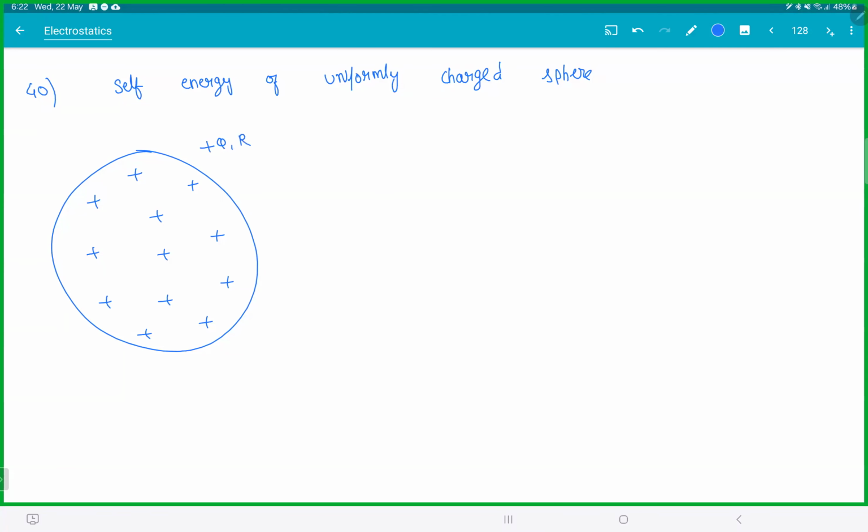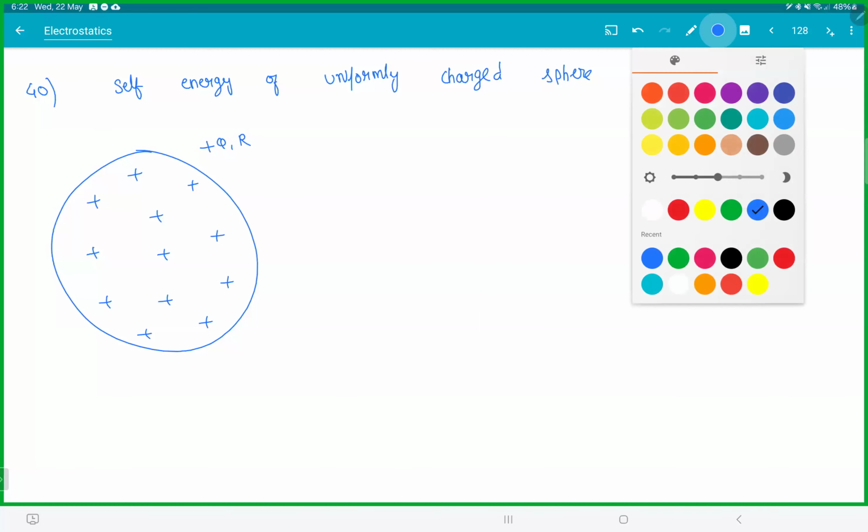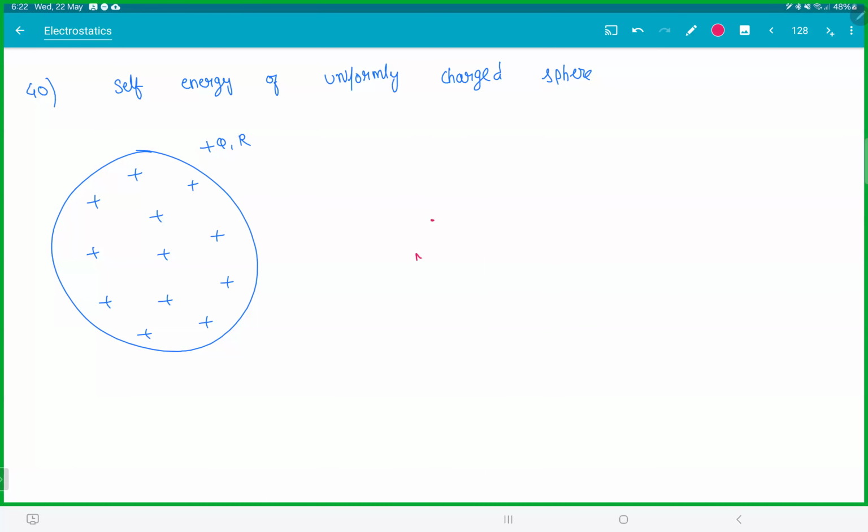Get this, it's a uniformly charged sphere, the idea is the same. I'll give you a little hint. Initially there is nothing here. The difference this time is when you construct the sphere with charge q and radius small r, when you bring dq charge, you don't just keep it at one point, you create a thin shell.